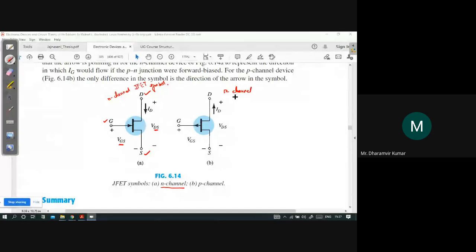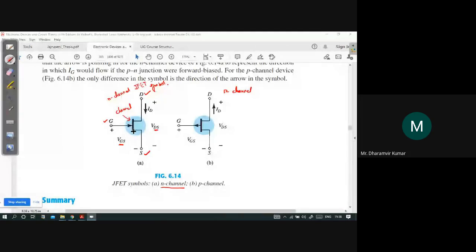Here the arrow is going inside the device, and here the arrow is coming outside the device. And this thick black line signifies the channel that exists between drain and source terminal. That's why it's made a bit thicker in shape.